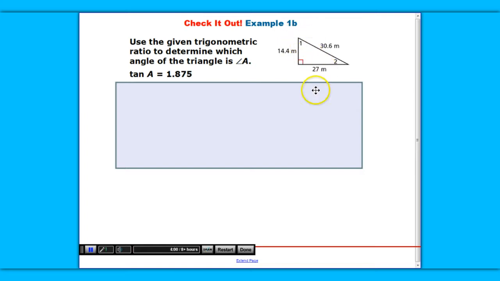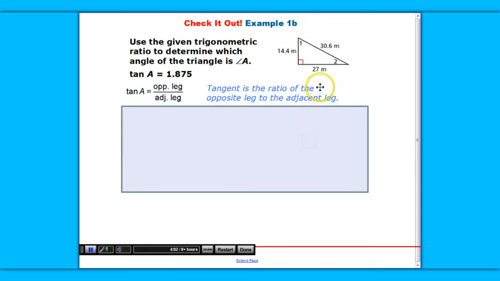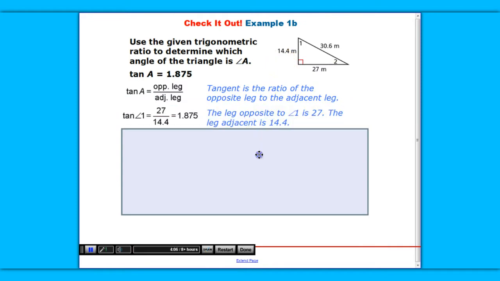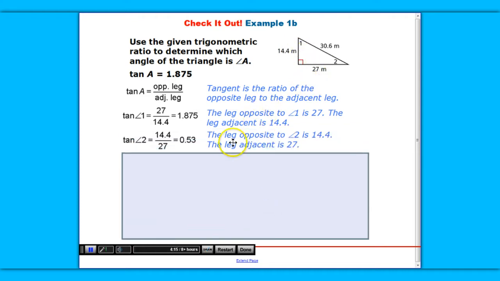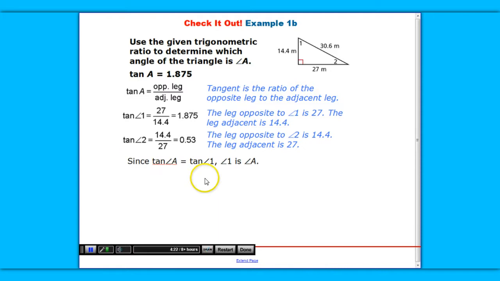So for angle 1, we have opposite is 27 over adjacent 14.4. And for angle 2, we have opposite is 14.4 over adjacent is 27, right? And so which of these is equal to tangent A? And you can see angle 1 equals tangent A. So angle 1 and angle A are the same angle.